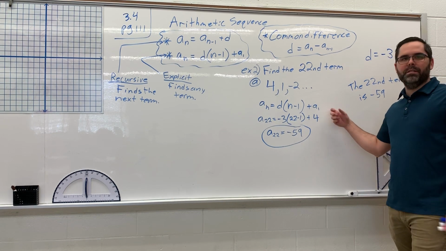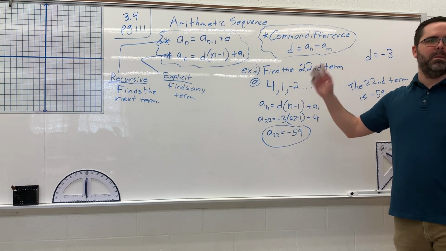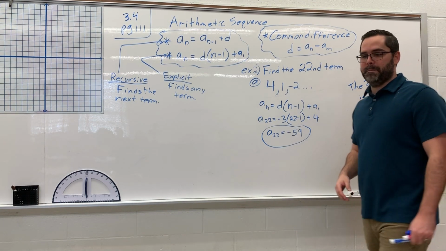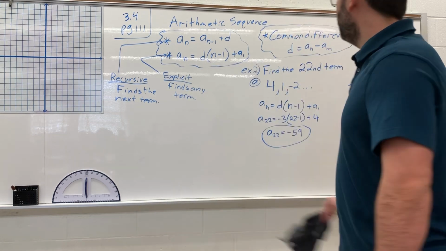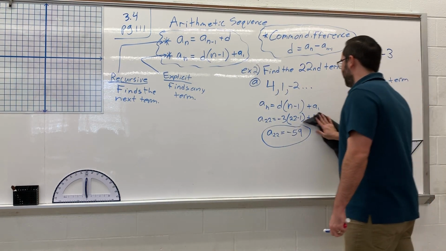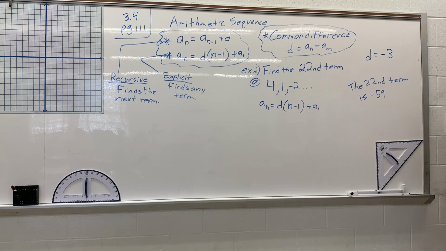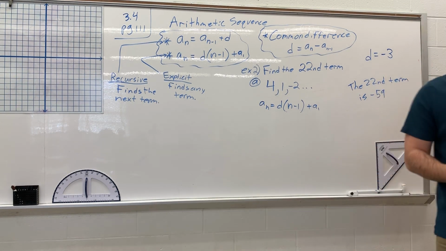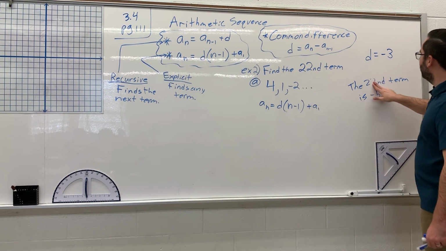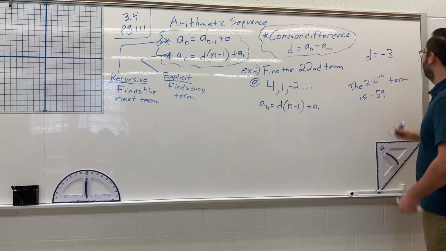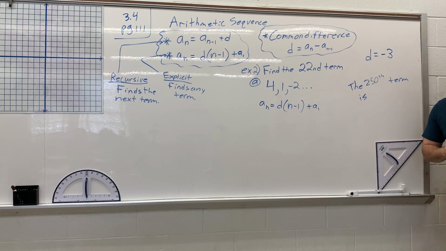The beauty about the formula is, if you know this formula, you can do this with any number. So what if I wanted to find the 250th term? What would I do? Well, there's my formula.